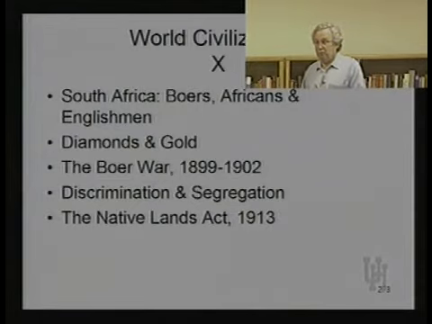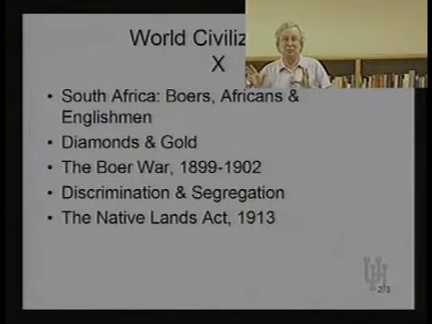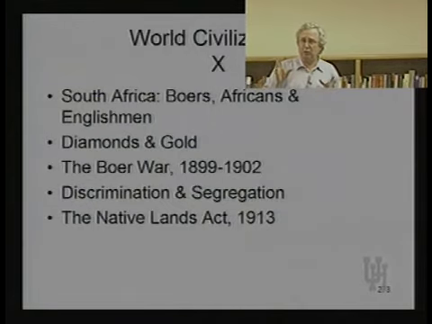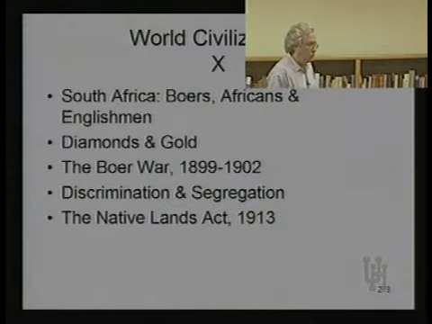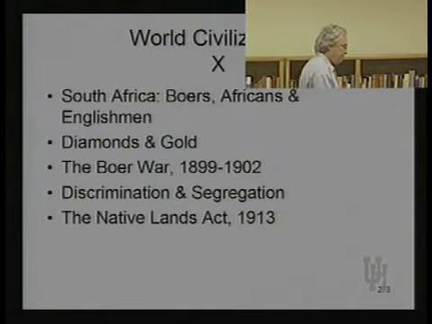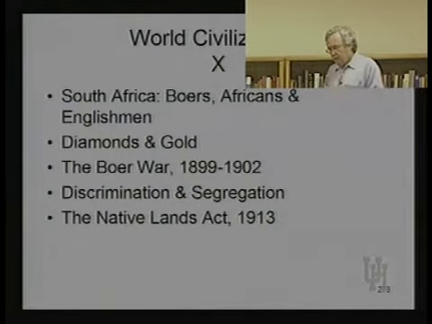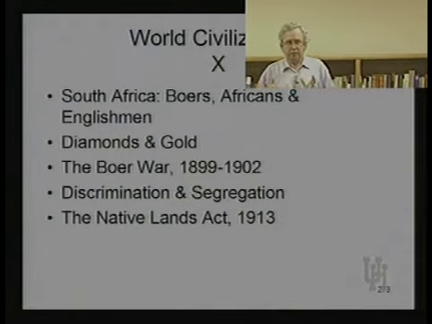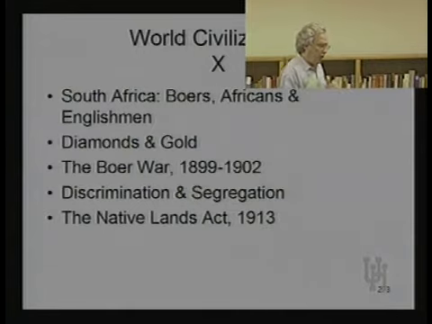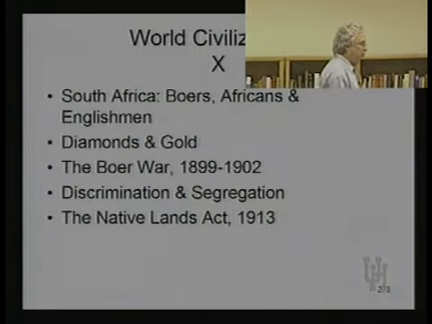Another place where violence seemed to be a certainty, in fact many people thought that this would perhaps be the most violent struggle in all of Africa, was in South Africa. South Africa consisted primarily of three contending groups. One were the Boers.